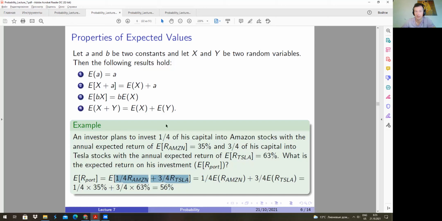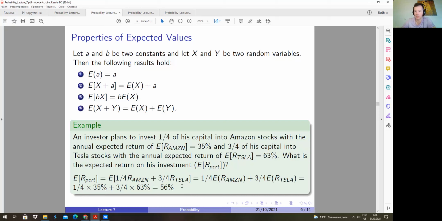Second step, I do this simultaneously here: I have the expectation of a constant times a random variable, and I take this constant out of the expectation sign, and I have 1/4 times the expectation of Amazon plus 3/4 times the expectation of Tesla. And finally, I am able to calculate the expected return on my portfolio, which is 56% in this case.